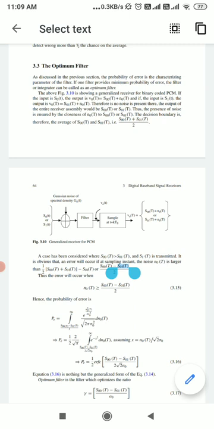So here, if you see the diagram, the generalized receiver for PCM, you can see the receiver for the pulse code modulation which we have seen.